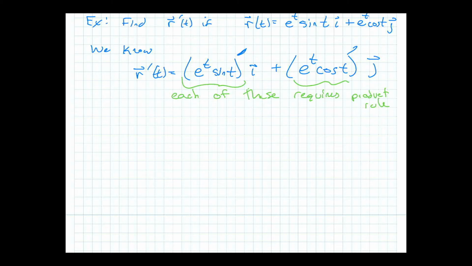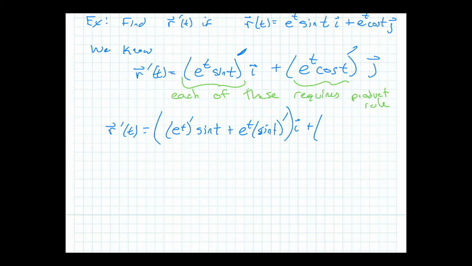So the product rule is the derivative of the first thing times the second plus the first thing times the derivative of the second, i.